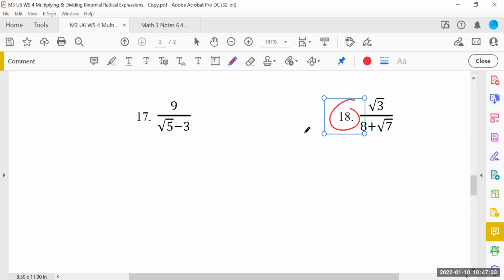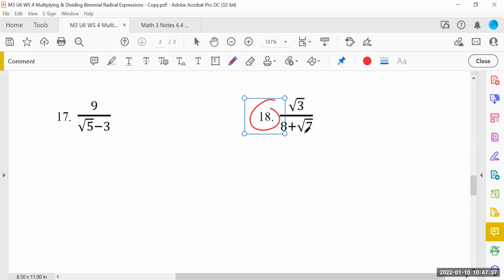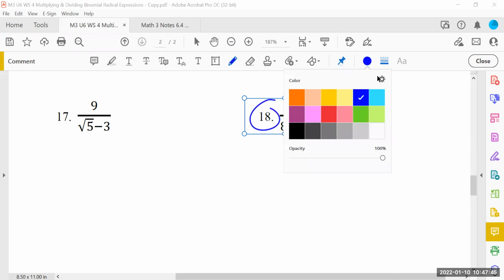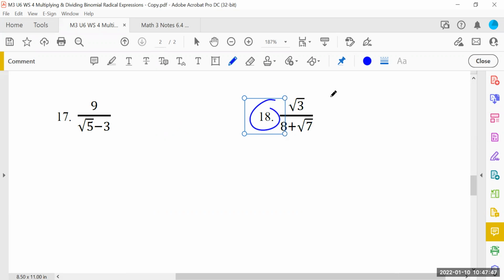All right, let's go over that one. First things first, decide on your conjugate. What am I actually multiplying top and bottom by? Emily, what am I multiplying top and bottom by here? 8 minus the square root of 7. So then what does the top become?